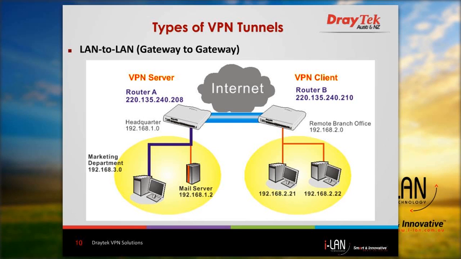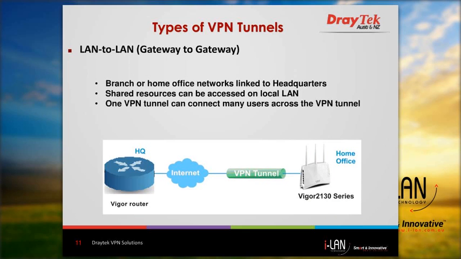As you can see in this diagram, the LAN to LAN VPN tunnel is used to connect a branch office to the home office, or rather the headquarters, to share resources. One router is the VPN server, on the left-hand side, and on the right-hand side we've got the VPN client. The client will dial into the VPN server.